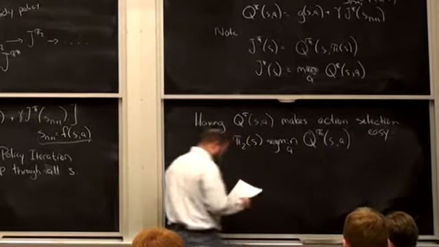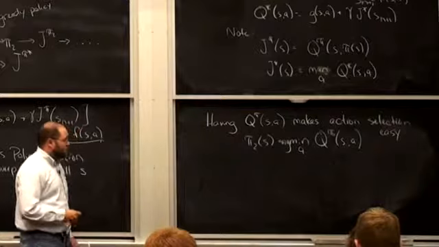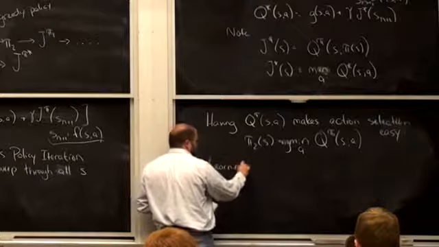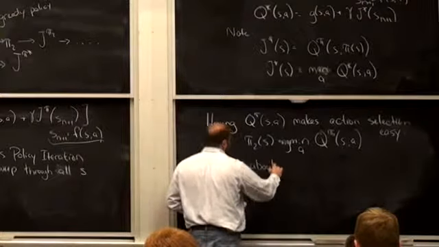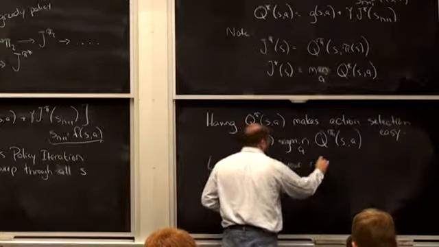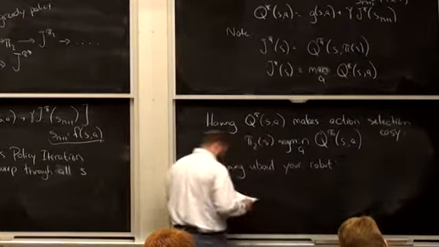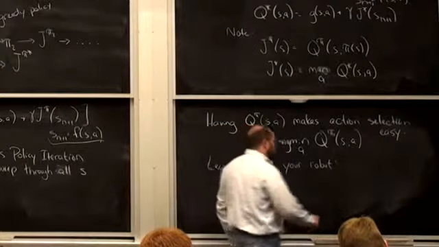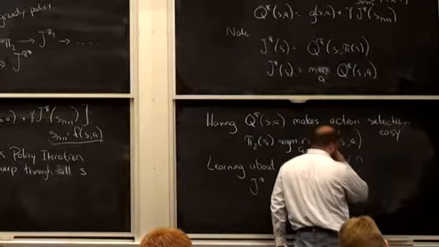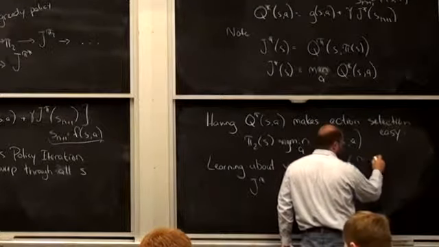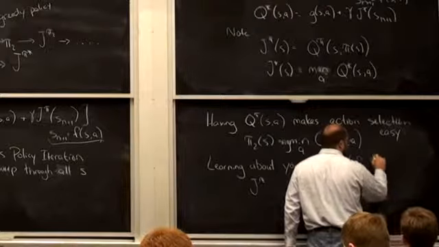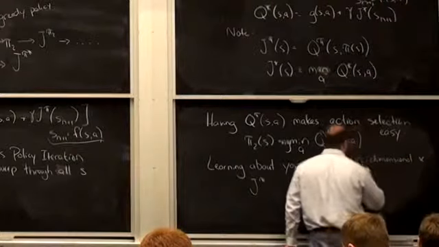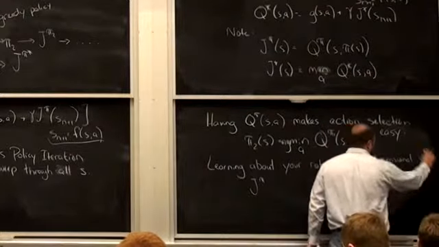It's a little bit more to learn than learning a value function, right? We're learning about your robot here. If I had to learn J pi, how big is that? Say I've got n-dimensional states and m-dimensional U. Just think about the continuous case.